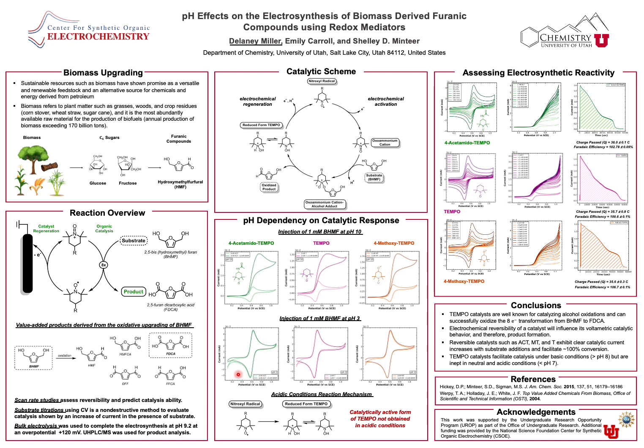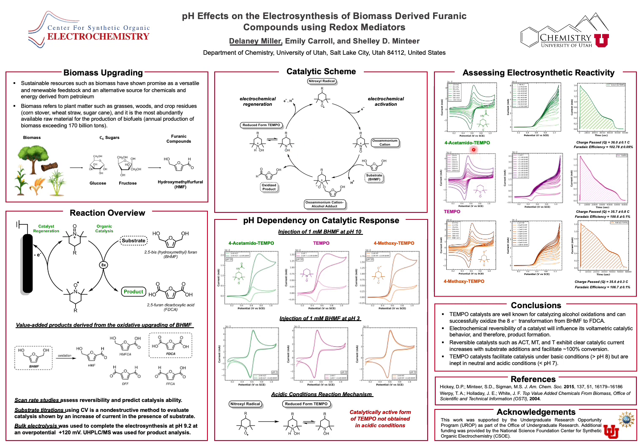The addition of the substrate, which is 1 millimolar BHMF, is not indicating that we have catalysis shown. And we propose that in acidic conditions like the pH 3, this nitroxyl radical will likely form the reduced form of TEMPO, which is electrochemically inactive, and will be unable to continue this cycle here in the catalytic scheme.